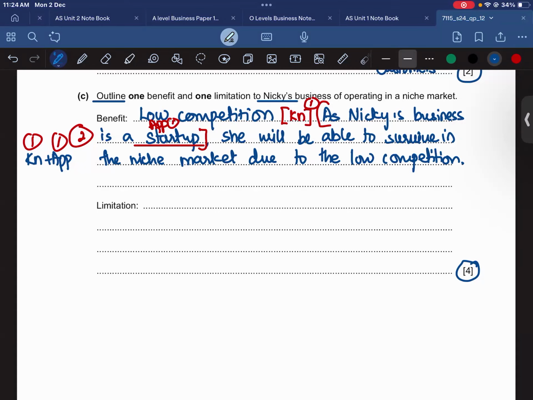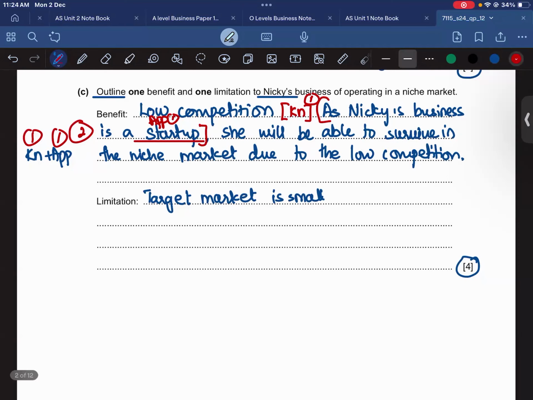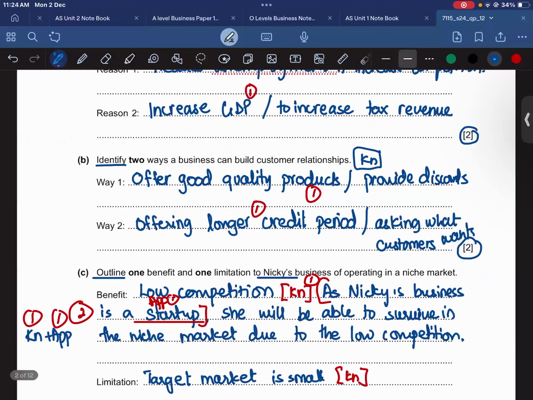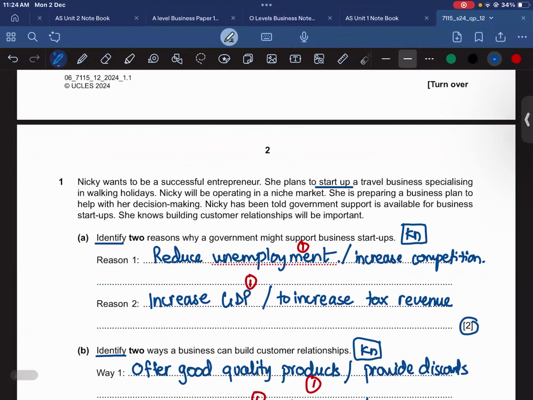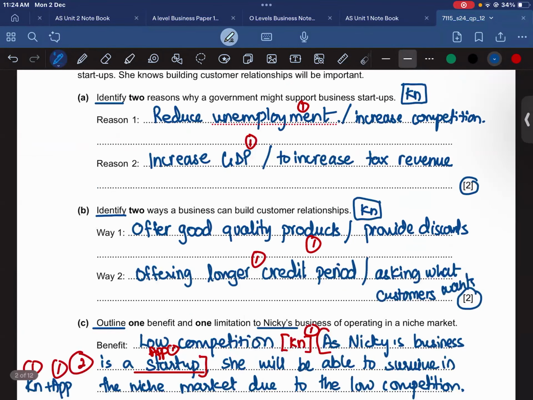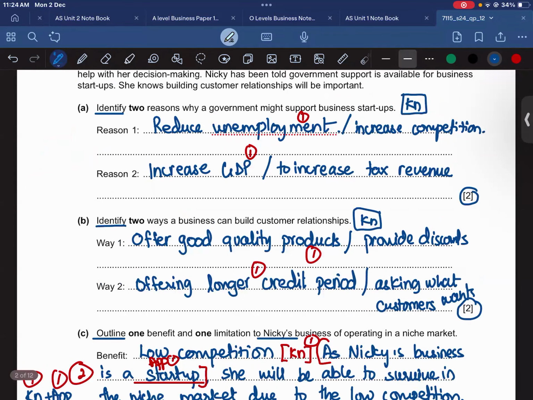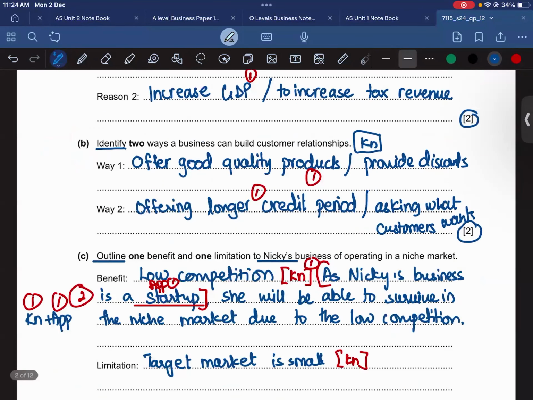So now the suitable point for this specific business, as it is a service business, can be the target market. So this is your knowledge point. That is the target market is small. So you can write over here the service business specializing in walking holidays. So Nikki will be operating in a niche market.